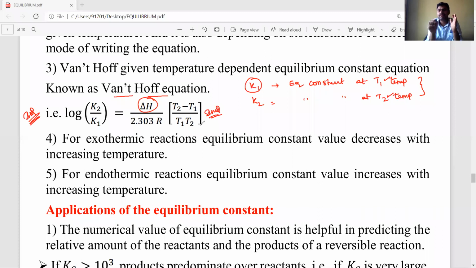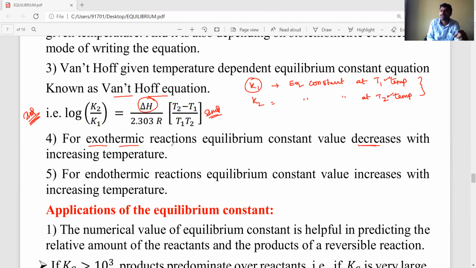The equilibrium constant, Kp or Kc, depends on temperature. For an exothermic reversible reaction, the reaction is favorable at lower temperatures only. So for exothermic reactions, the equilibrium constant decreases with increasing temperature.